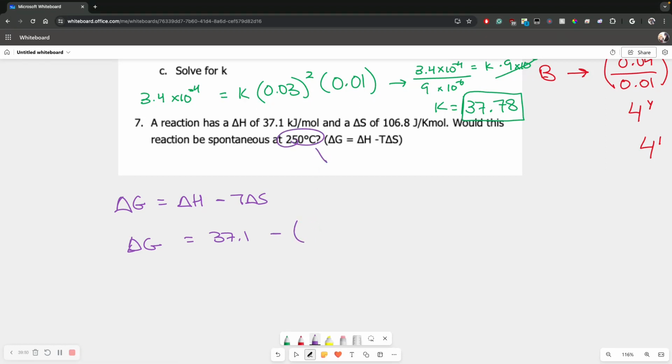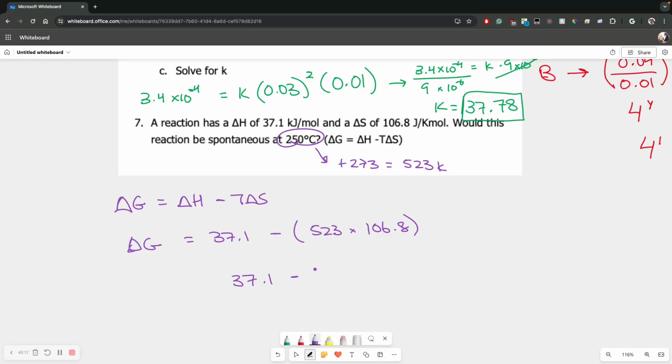This has to be in kelvins, so plus 273 will give you 523 Kelvin. So 523 times the delta S, the entropy, 106.8, right? So 523 times 106.8 is a very big number.